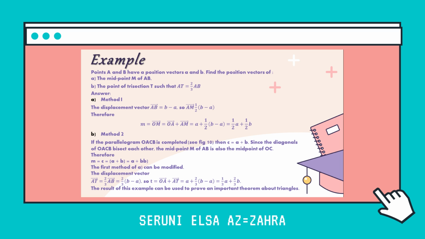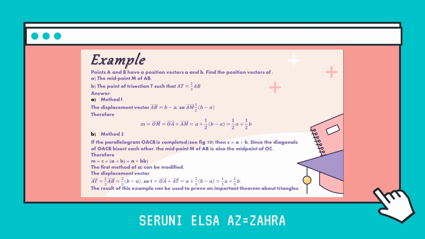Therefore m equals vector OM equals vector OA plus vector AM equals a plus 1/2 (b minus a) equals 1/2 a plus 1/2 b.